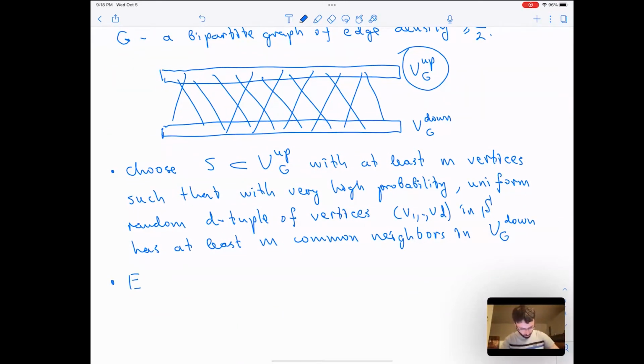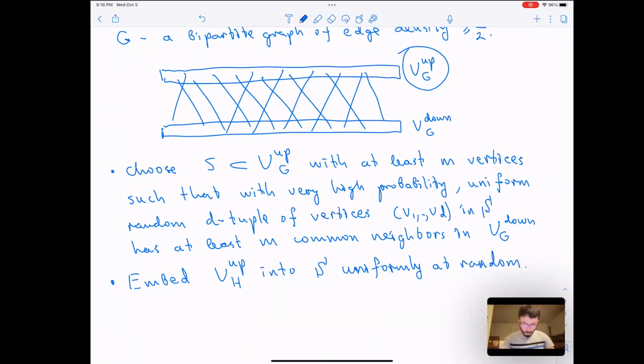And then the next step is to embed V up of H, so the M upper vertices of the graph H, into the subset S uniformly at random. Okay, so here, very high probability. What should the probability be? If the probability is at least 1 minus little o of 1 over M, that's enough.